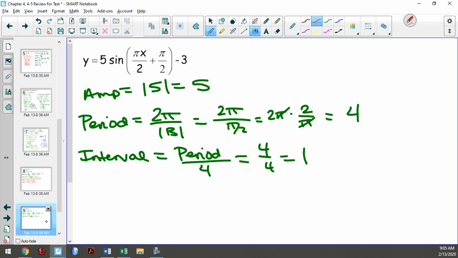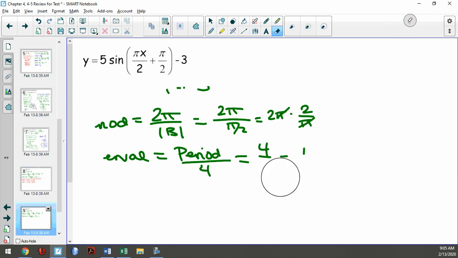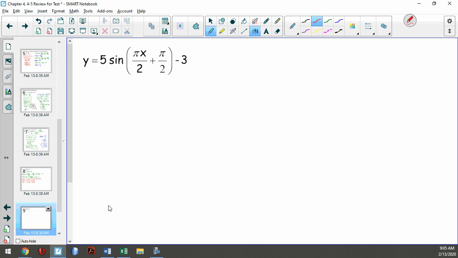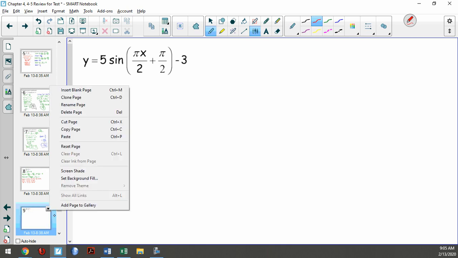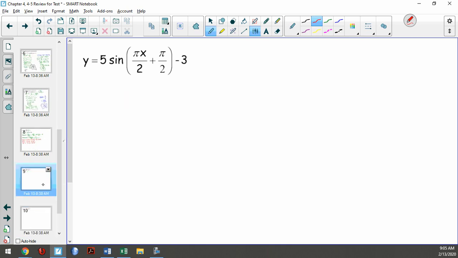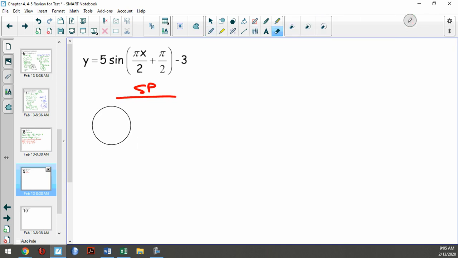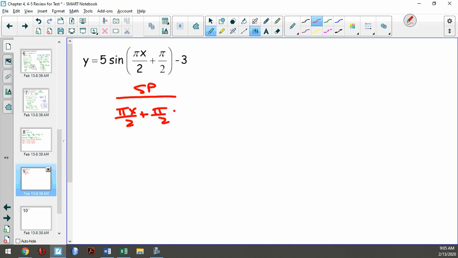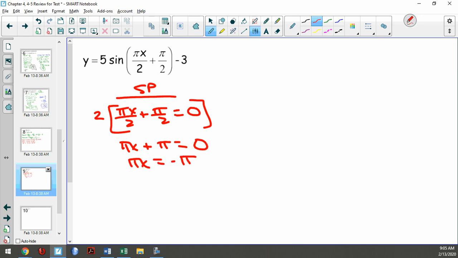Starting point and ending point, right? For my starting point, I'm going to take the junk inside the parentheses and set it equal to 0. Pi x over 2 plus pi over 2 is equal to 0. I'm going to multiply everything by 2. Pi x plus pi is equal to 0. Pi x equals negative pi, x equals negative 1.